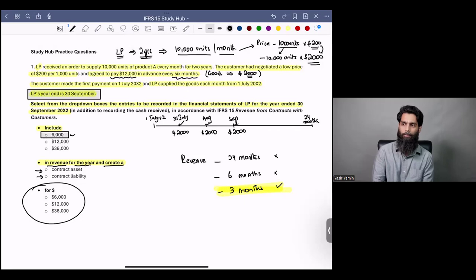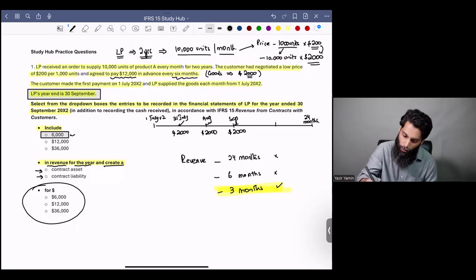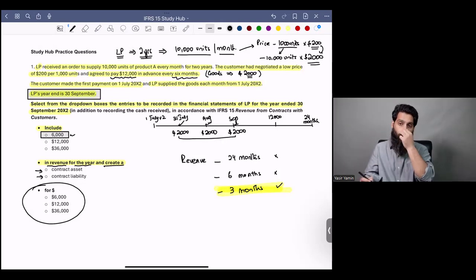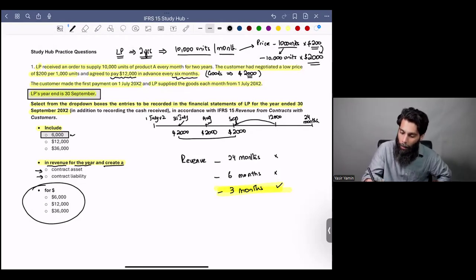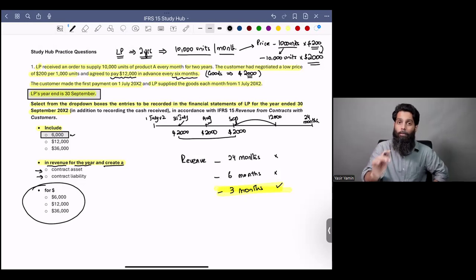Why? I have received amount in advance. You see, I have received $12,000 for a period of 6 months, whereas I have only fulfilled obligations for up to 3 months. Don't you see that I have received some amount of money in advance for which I have not yet earned that money?